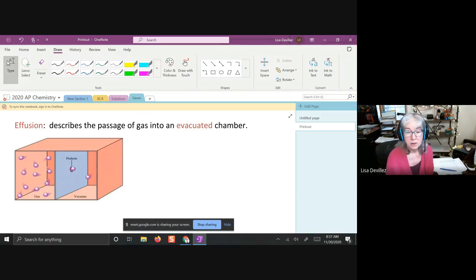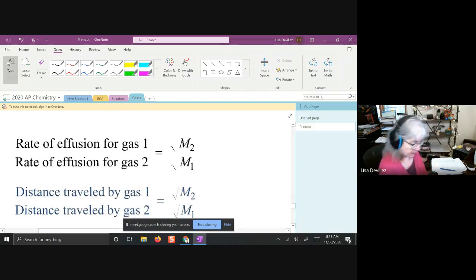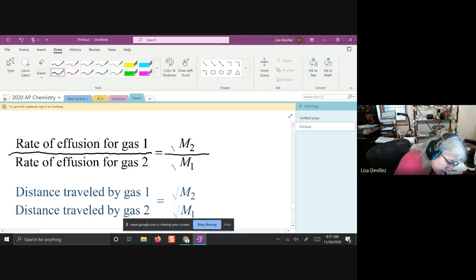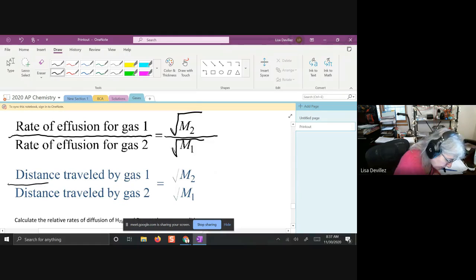So for these calculations, we do have to look at the molecular weight of the gas itself. All right, so this is Graham's law. I don't know why these notes didn't include these lines, but we need to put a dividing line there, a dividing line here, and a square root sign there. And then the same thing for here.